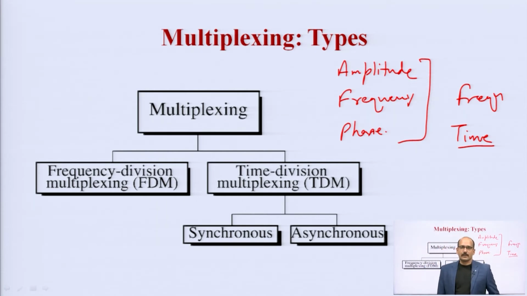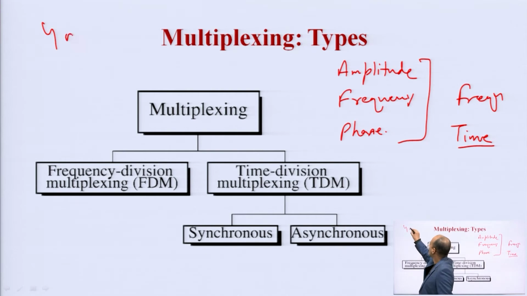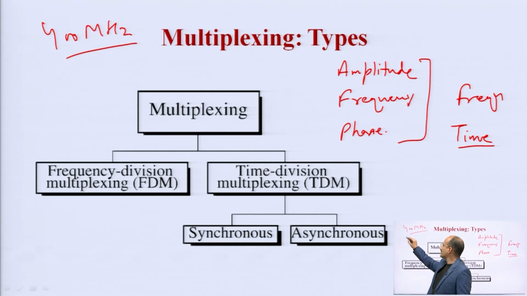Just for example, I have 4 users, and each user wants a separate line, but we have a channel with 400 megahertz bandwidth, and we are going to use this 400 megahertz for 4 users.